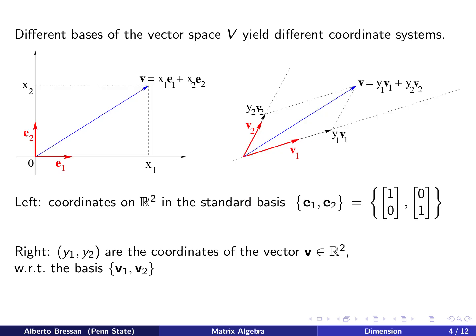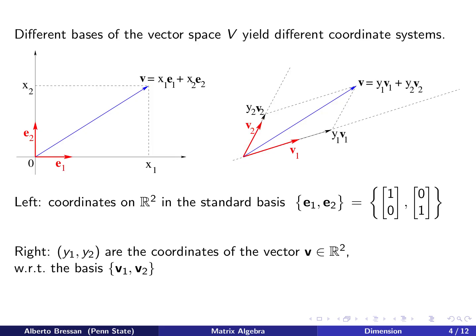Now let's consider a different set of bases. Let's say we have two vectors, v1 and v2, and they are linearly independent in R2, and therefore they can be used as the basis. Let's say graphically, just for illustration, v1 is in this direction and v2 is in that direction.